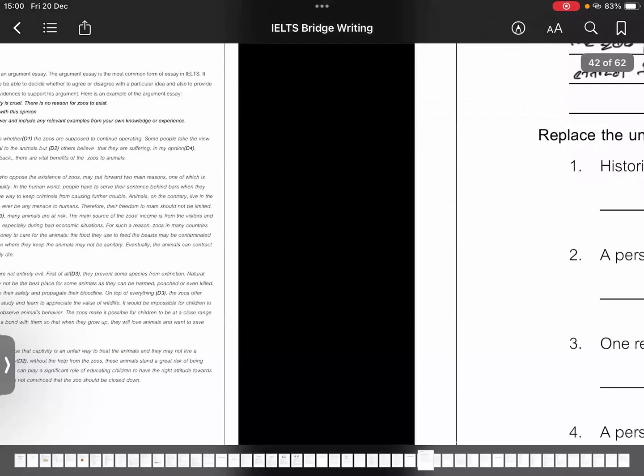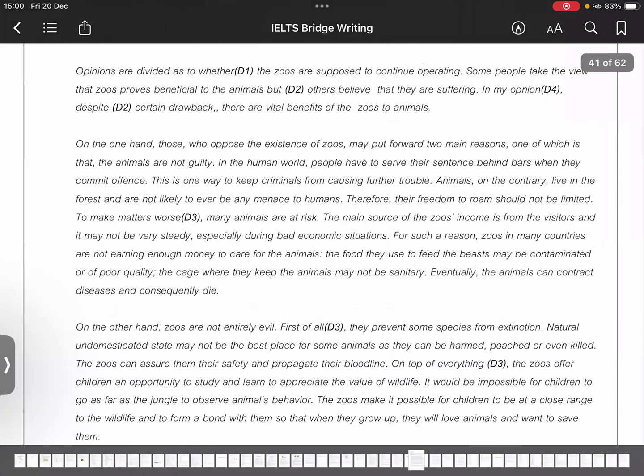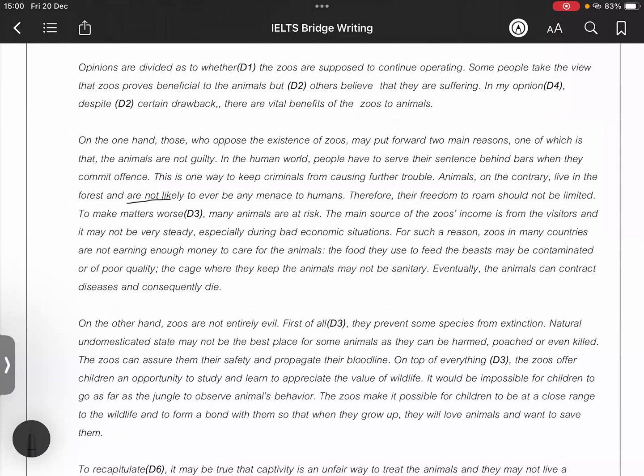So the equivalent expression for having a big chance could be, okay, I found one. Likely, right? Are likely to. Are likely to. That's one.